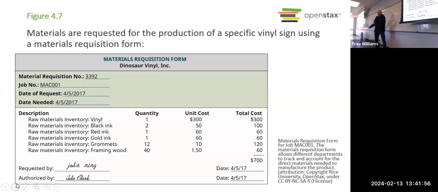Okay, it's going out of the raw materials inventory account into work in process, right? And each of these different types of material has its own raw materials inventory account. And every job has its own work in process account. That way we keep everything organized and tracked. Okay, any questions on this materials requisition form?